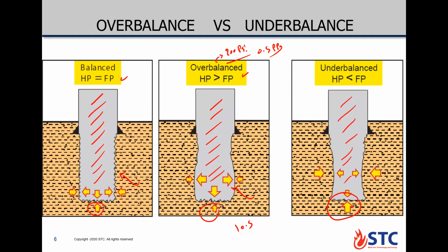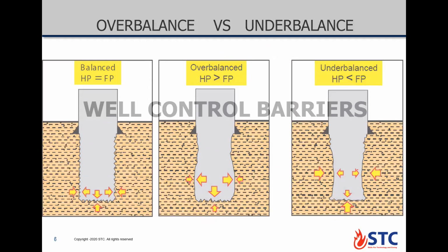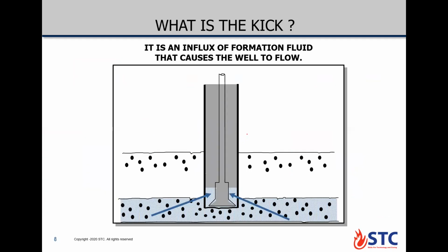In this situation, it will be an underbalanced situation and formation fluids will manage to enter the well, causing the well to flow. Now our hydrostatic pressure is not sufficient to overcome the formation pressure, so formation fluids manage to enter the well.